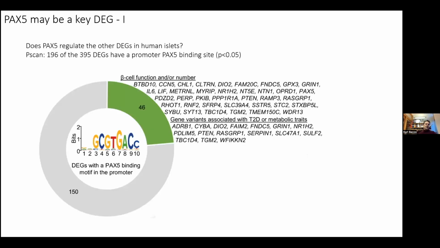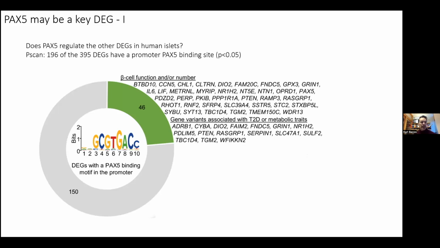And as I said, PAX5 is a transcription factor, so we wanted to see if it may explain some of the changes to the other genes that we identified. So we used pScan, which is a tool that allows you to check for transcription factor binding site enrichment.